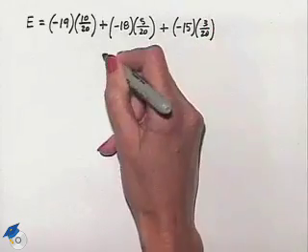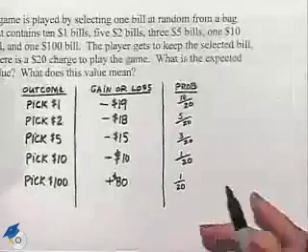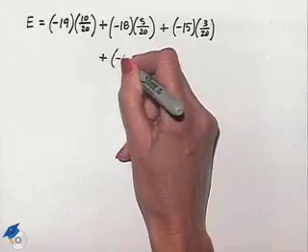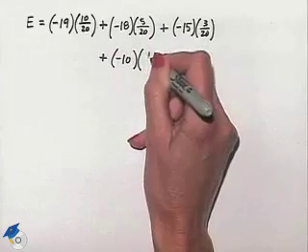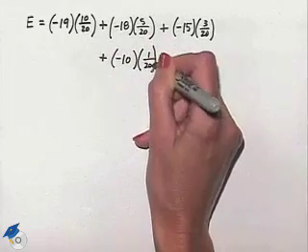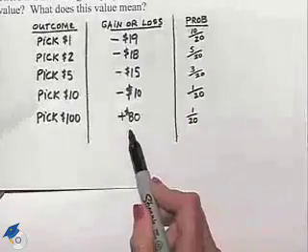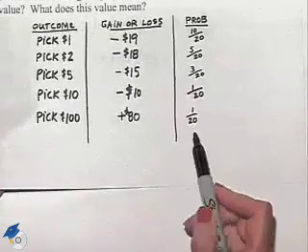We're going to add to that, fourth row, negative $10 times 1/20th. And then finally, we're going to add to that the last row, which is $80 times 1/20th.